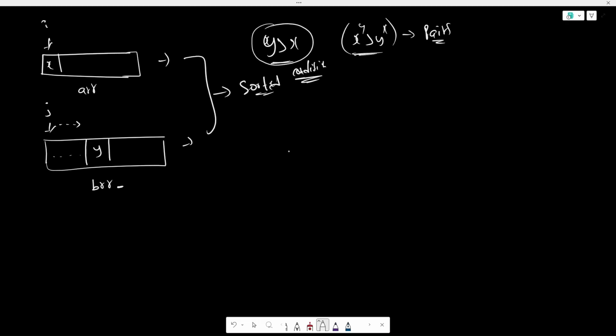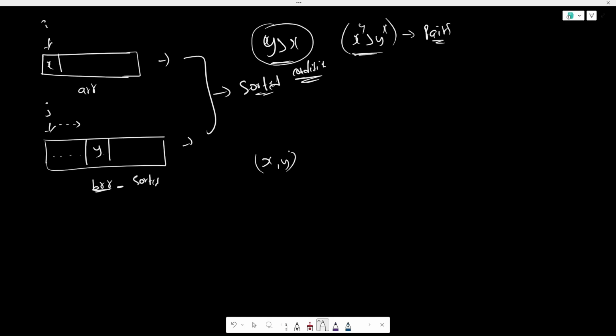Now at this particular point, I can tell x comma y is a pair. And one more thing I can tell: BRR is a sorted array. If y satisfies, obviously the right side elements of y are greater than y.